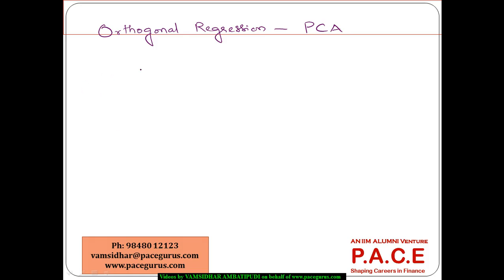So anytime we talk about a multicollinearity problem, the best way to solve it is applying a principal component analysis to all those variables which we want to treat as independent variables in our regression.